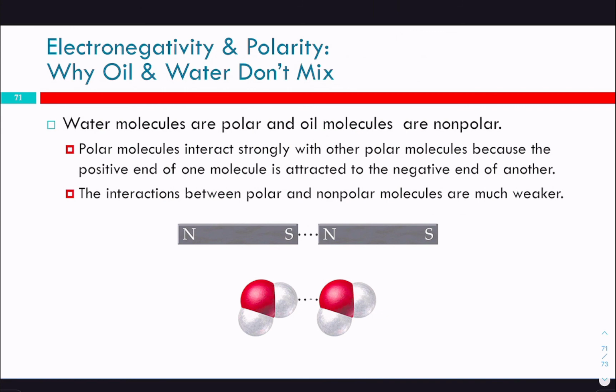Because the nonpolar oil molecules don't have a dipole moment, they don't stick to any of the other things. So if there's an oil molecule in the middle and 2 water molecules opposite it, they're going to push past it and squeeze it out. Because the interactions between polar and nonpolar molecules are very, very weak, they end up just getting excluded from the mix.